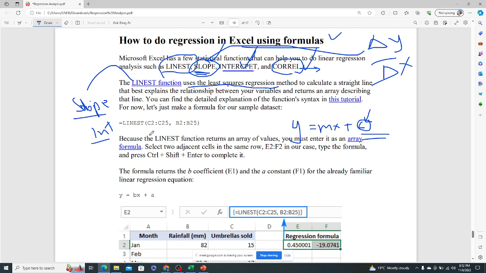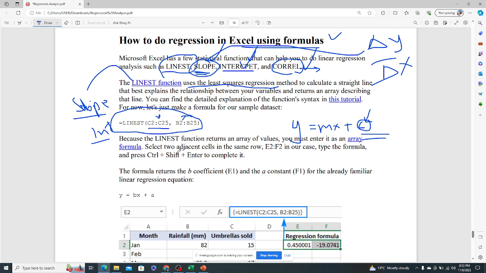So we are going to start with the LINEST function, and of course it will give us the option to enter our y's and x's.